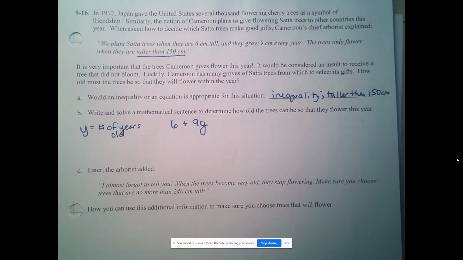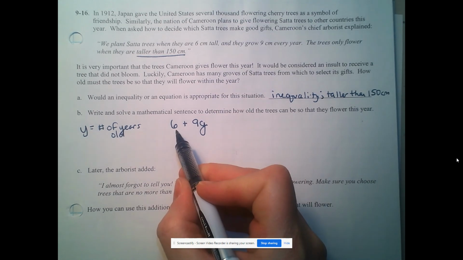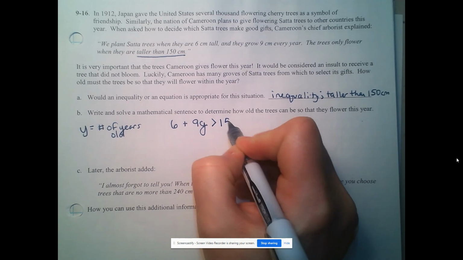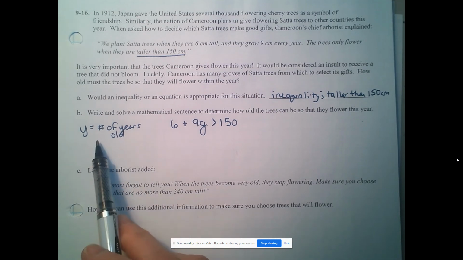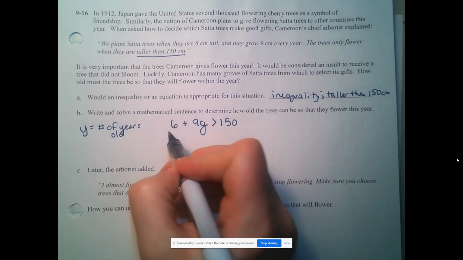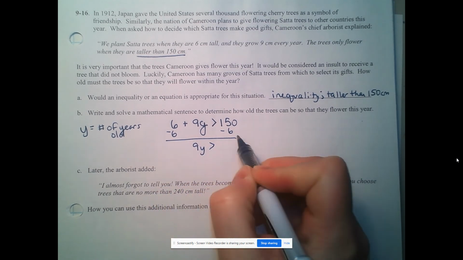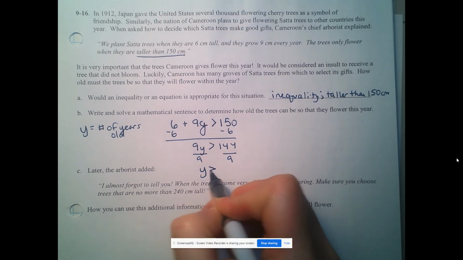And it has to be that height, the 6 centimeters when we plant it, plus the 9 centimeters per year, has to be greater than 150 overall centimeters before we're going to use it as one of the gifts. So we're trying to figure out how old the tree should be. So if we solve this inequality, and it's 144, divide both sides by 9, y should be greater than 16.